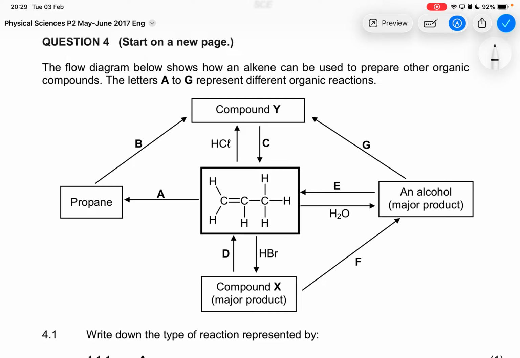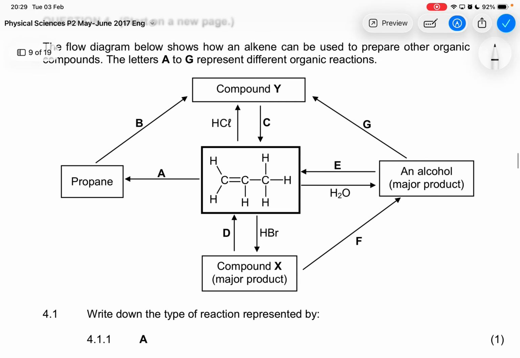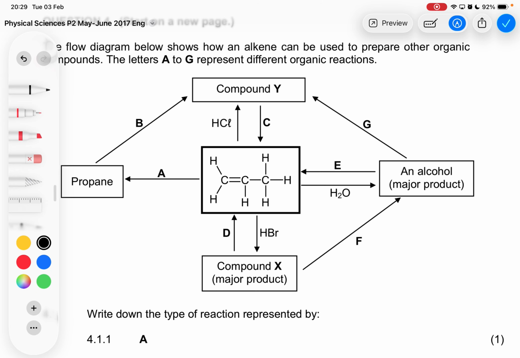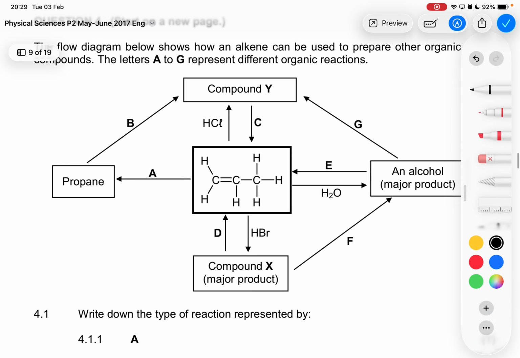It says a flow chart or a flow diagram below shows an alkene.